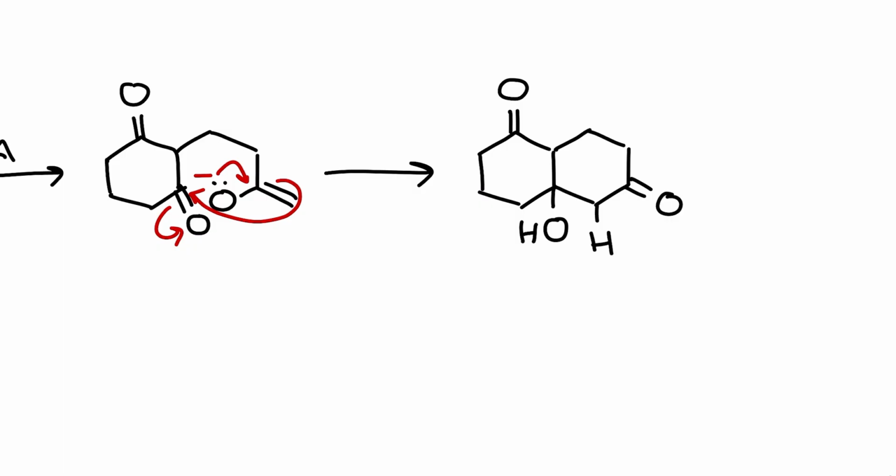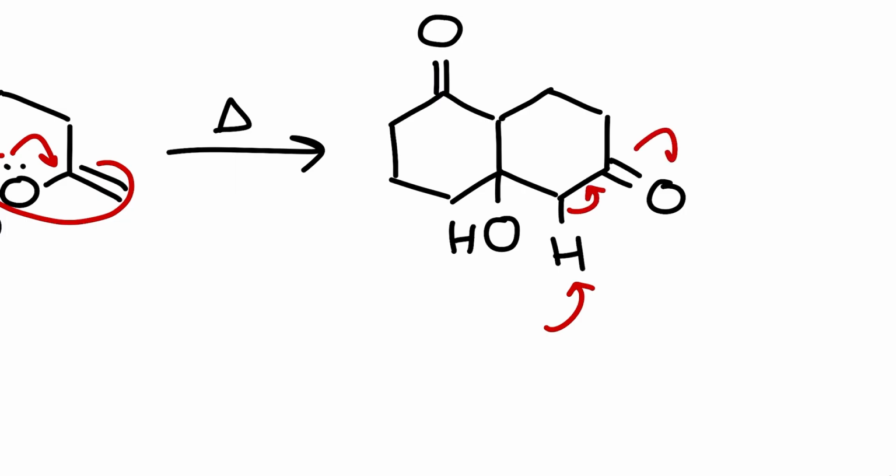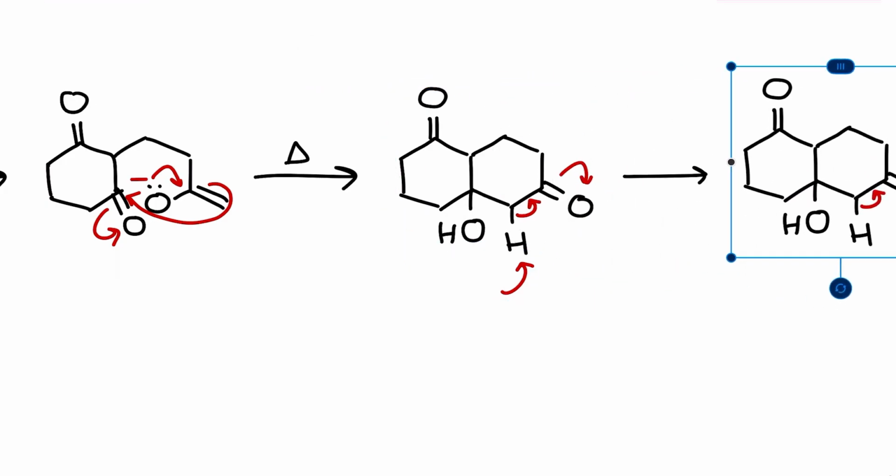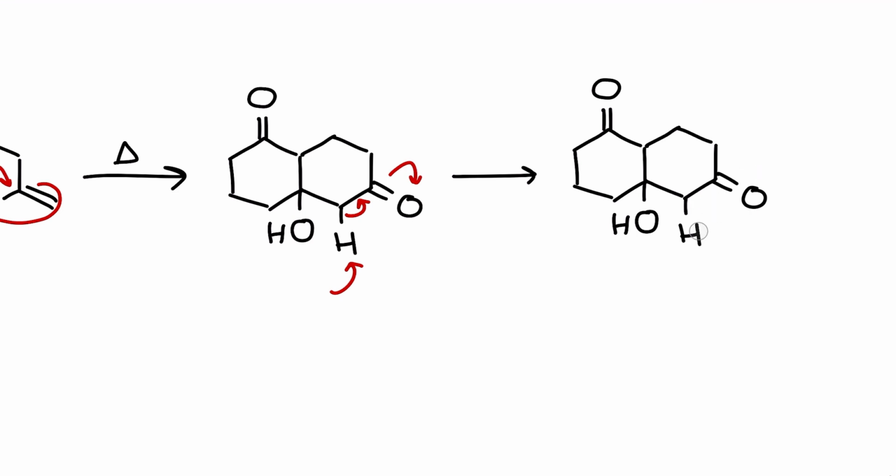Same thing is going to happen, similar to what happened in Aldol condensation, is that we're going to add some heat. And the base is going to abstract this proton, forms the enolate once again, and then it's going to kick out the hydroxyl group.